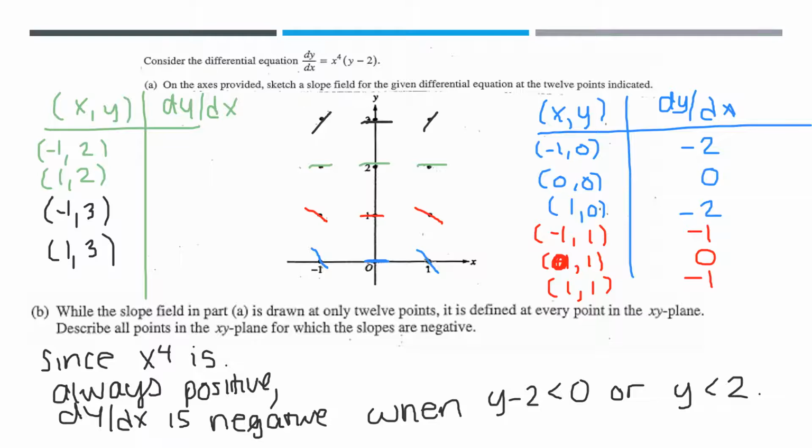And there you have it. dy/dx will be negative when y minus 2 is negative, or y is less than 2.